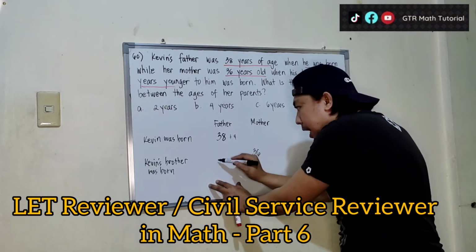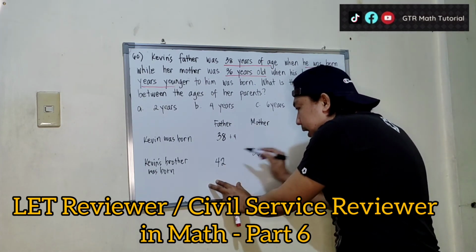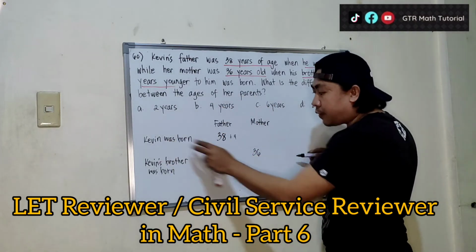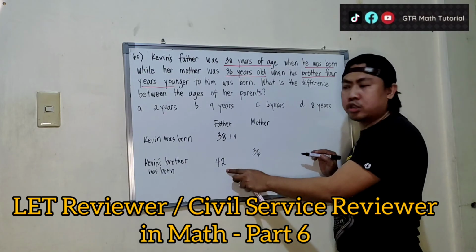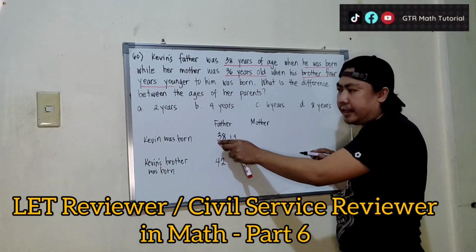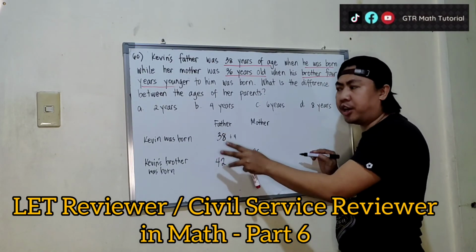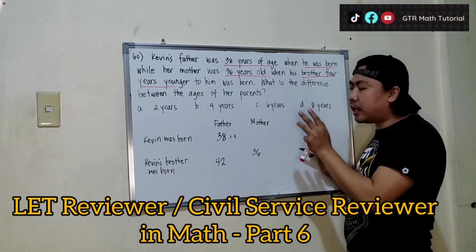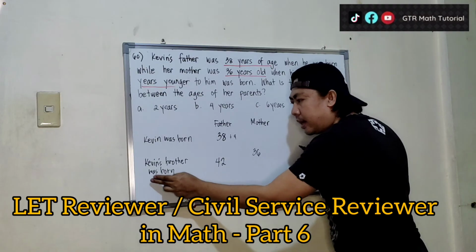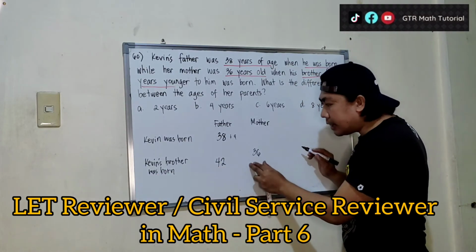So, therefore, ang age ng Kevin's father when Kevin's brother was born is 42. So, we just add 4 to 38 since 4 years younger yung brother ni Kevin. So, therefore, ang age ng father and mother nung pinanganak ang kapatid ni Kevin ay 42 and 36.